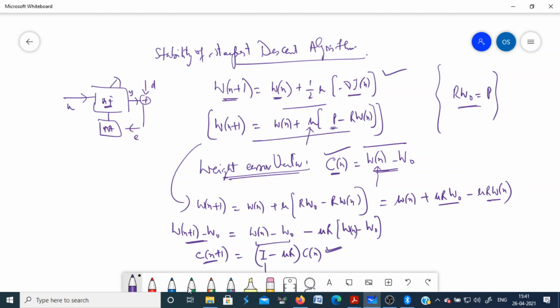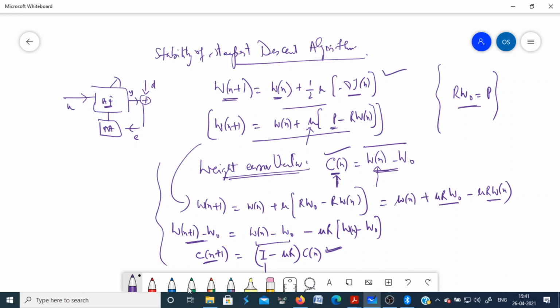With the passage of time, as the mean square error minimizes, the elements of this vector will tend towards 0, because it is the error difference between the optimum weights and the filter weights at a particular time n. So as time goes on, the difference between these two vectors is minimized and approaches 0. Based on this, we will discuss the stability.